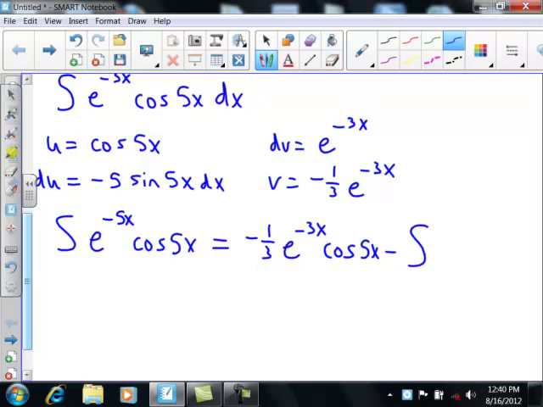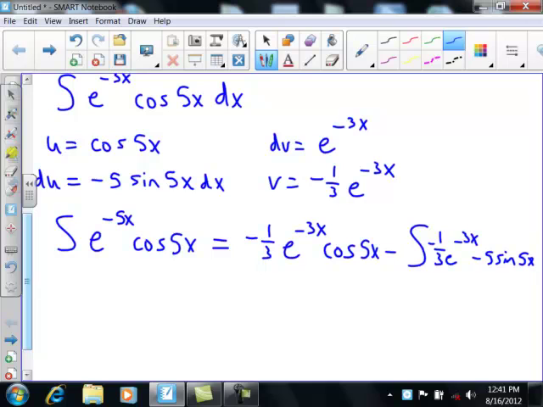So for me, that's going to be negative 1/3 e to the negative 3x, so v du, and what I have for du is negative 5 sine 5x. I'm not going to write the dx because I ran out of room down there.